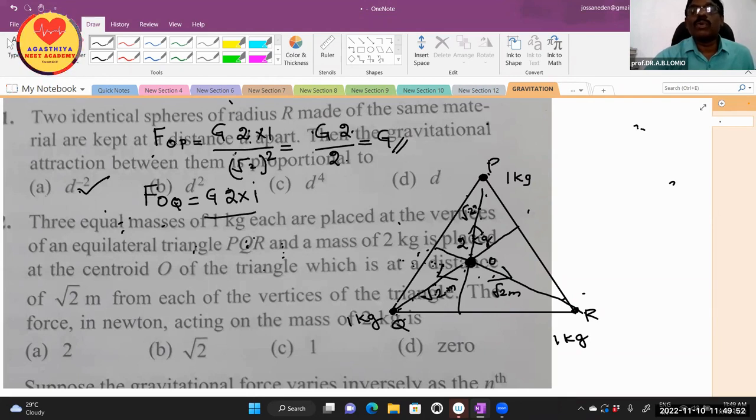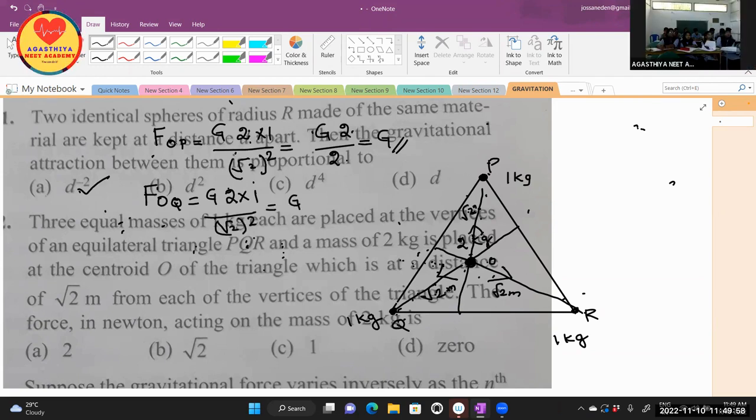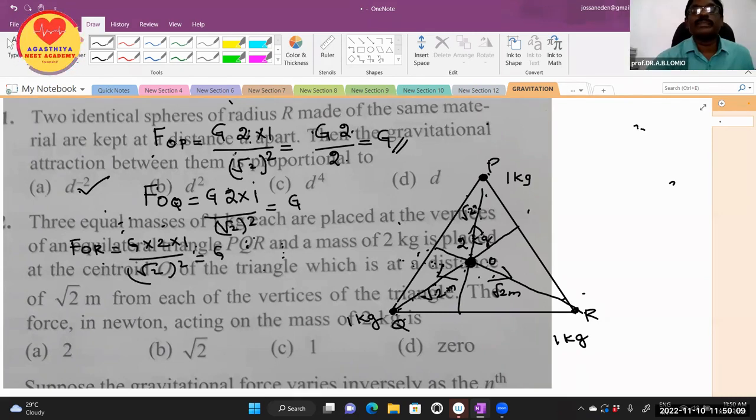Distance between O and Q is √2. Therefore, as per formula, √2 whole square. This is also G. Similarly, for R, G × 2 × 1 divided by √2 whole square, that is G. All the forces are equal to G.